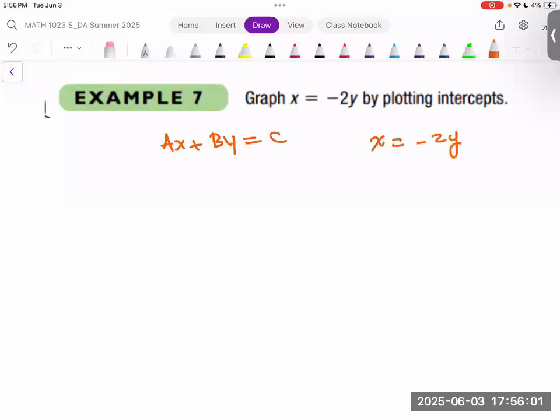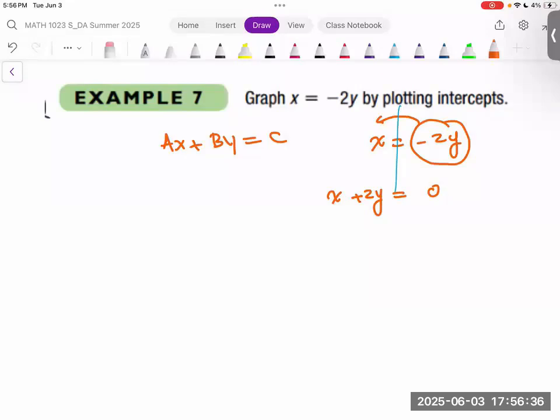You should take this and move it to the other side next to the x. What's going to happen to the sign? It changes, very good. Every time I move a variable from one side to another, it changes the sign. So x stays, and instead of minus 2y it becomes plus 2y, and this is equal to 0. Are we okay with this?